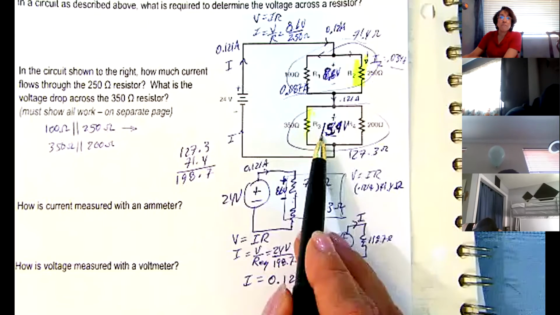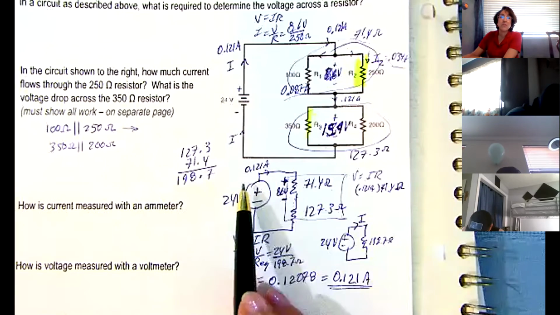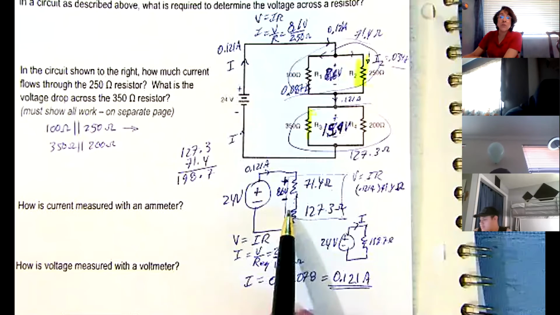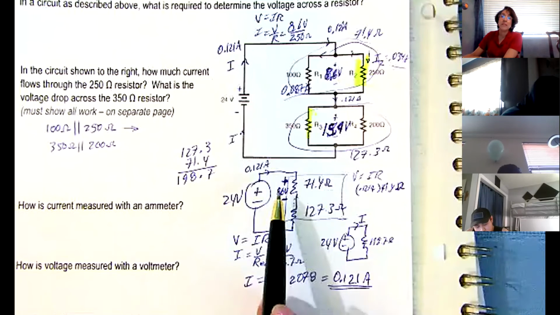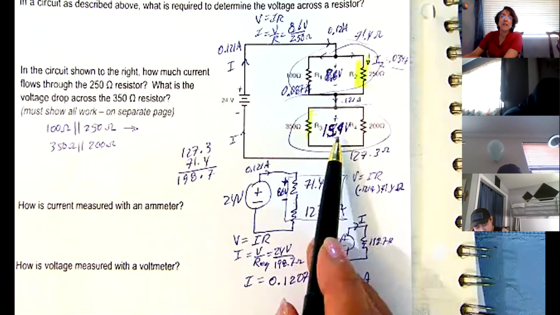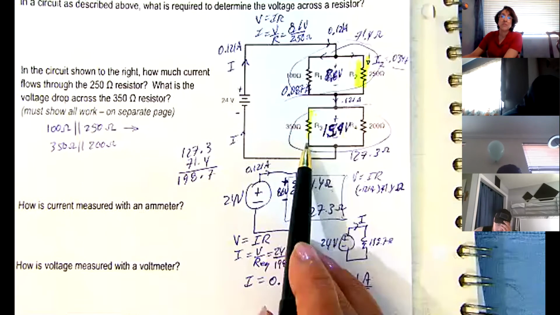We're able to figure out 15.4 volts across these two from here also, because 24 is all we got. And so Kimberly correctly determined that the voltage across the bottom two resistors was just 24 minus 8.6. So then I put that up here, 15.4. And that's the voltage across this 350 ohm resistor.